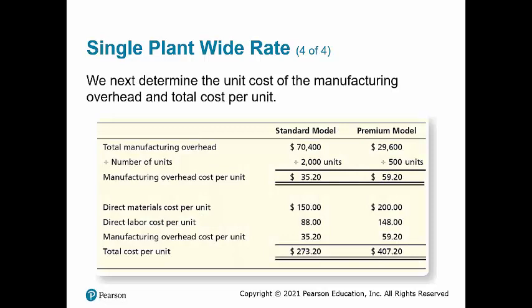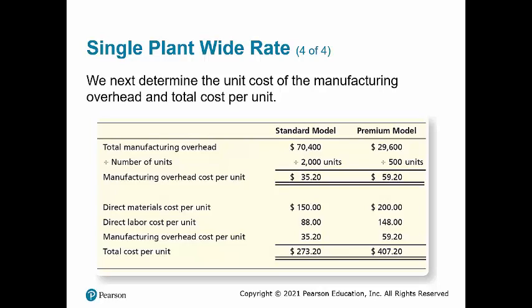Now this slide shows the calculation of the total cost per unit. We take the total manufacturing overhead that we allocated to each of the models, divide it by the total number of units that we expect to produce, and that's how we get the manufacturing overhead cost per unit of $35.20 for the standard model and $59.20 for the premium model.